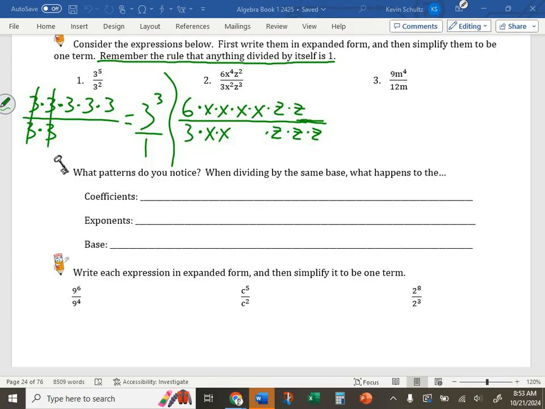Because as Peyton correctly predicted, just like how 3 divided by 3 cancels out equals 1, what's x divided by x? 1. Because whatever x is, you're dividing it by itself, that's going to equal 1. So this pair of x's can be canceled out, and so can that pair of z's.